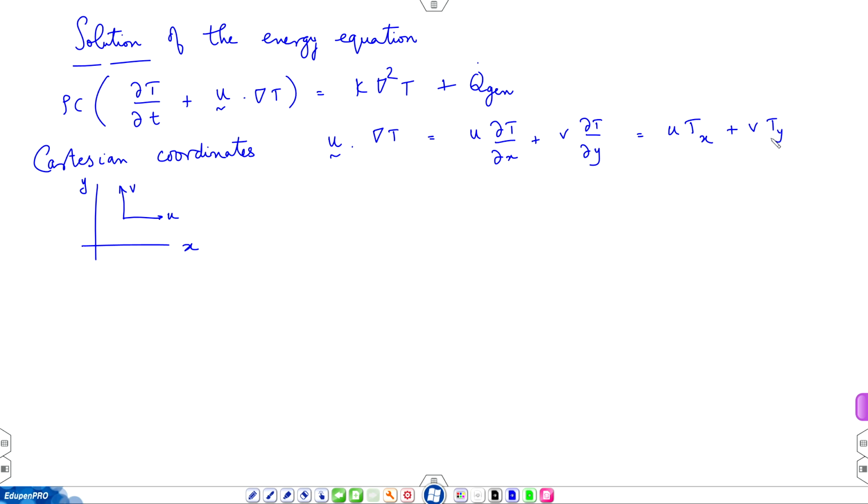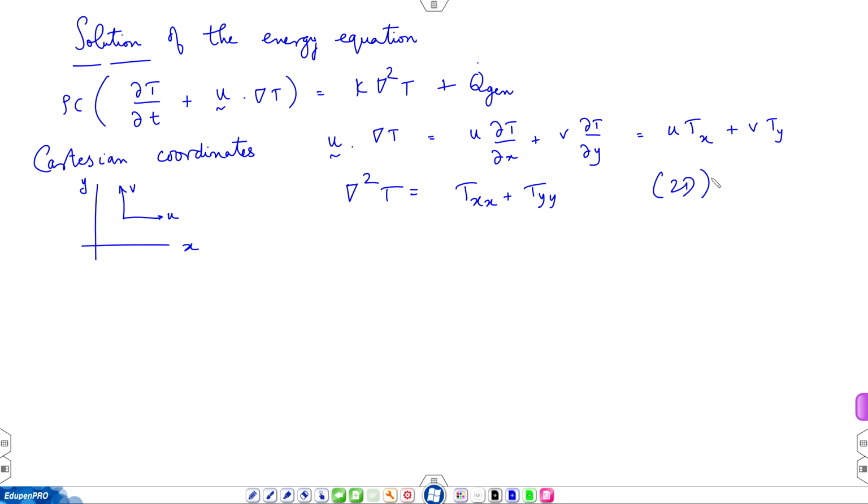So, here u T_x, v T_y, T_x is this partial derivative. Similarly, del square T will be T_xx plus T_yy plus T_zz if it is 3D. So, this is the 2D form. Okay.